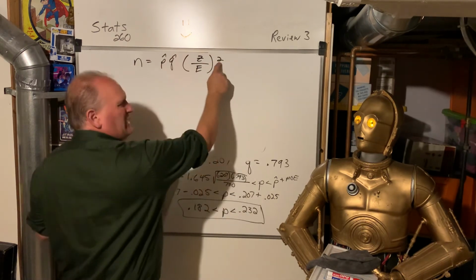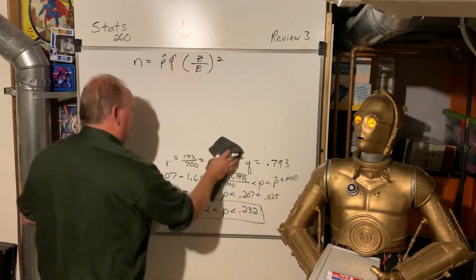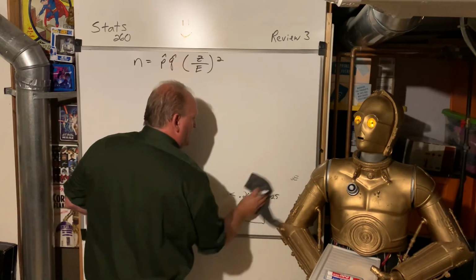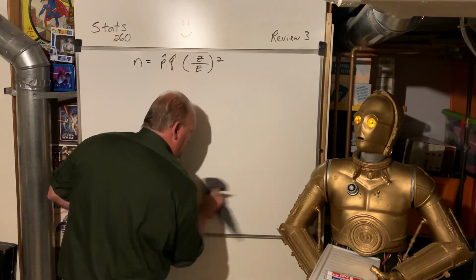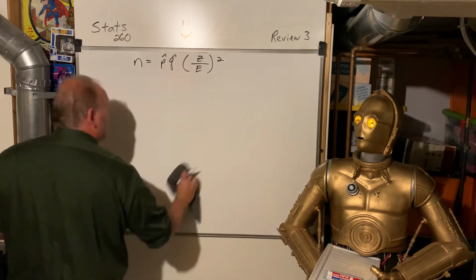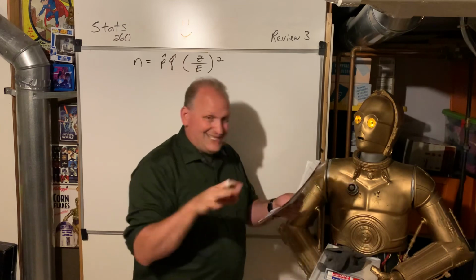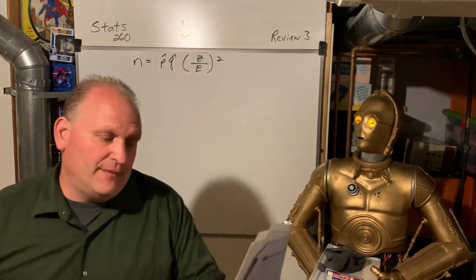Don't forget that squared. That gets left off a lot. Students kind of mess that up. So they want to know, how many do I have to ask if I have a certain margin of error that I want? This is kind of in the setup stage of an experiment.